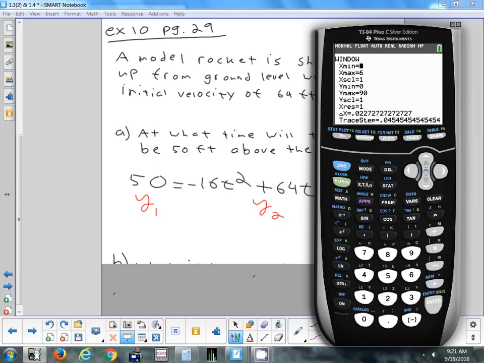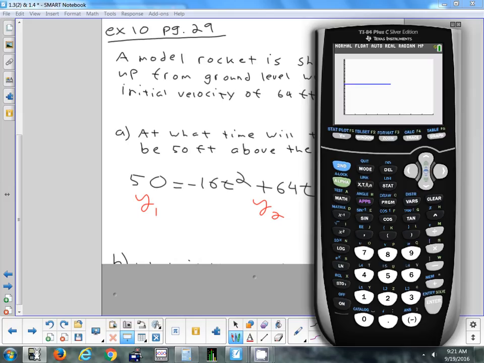And x is time. When you're dealing with time, what kind of numbers make sense? Right, you can't go backwards. Okay, now back to the future. Until we get the flux capacitor, our time has to be at least 0. X max is how long the object is in the air for. I don't know. I'm going to guess it's in the air less than 8 seconds. If it's not, it's going to go off the screen.